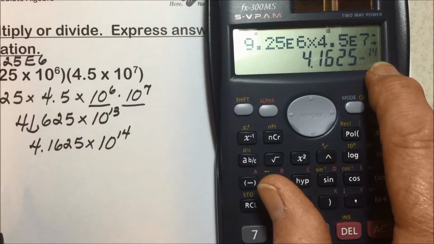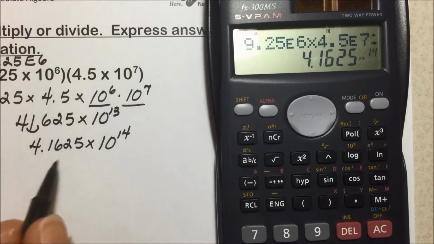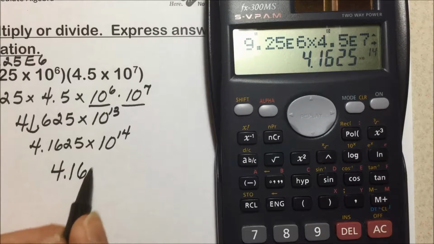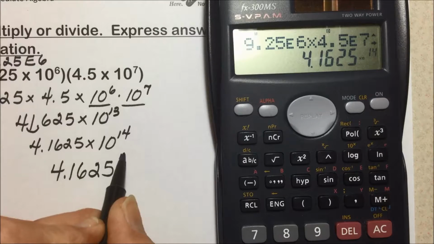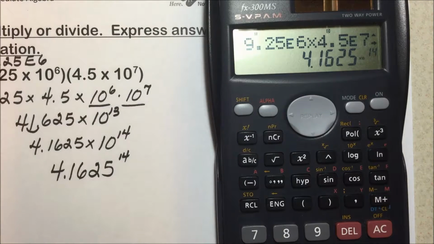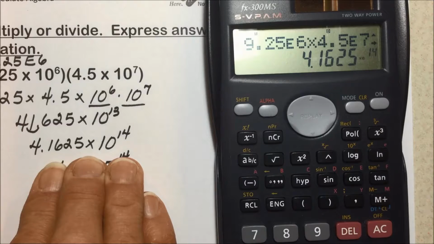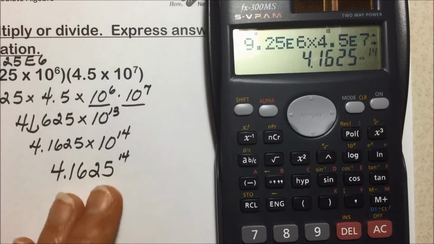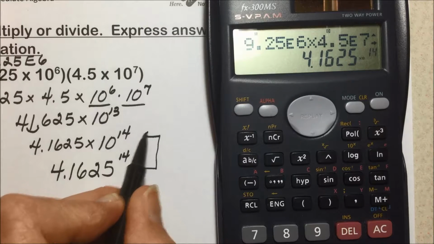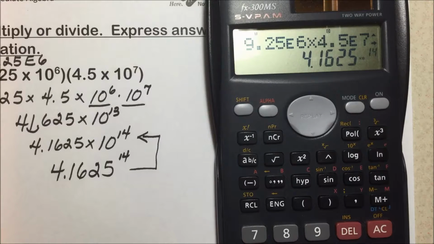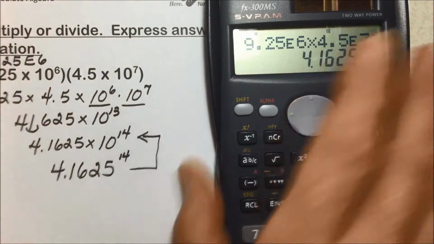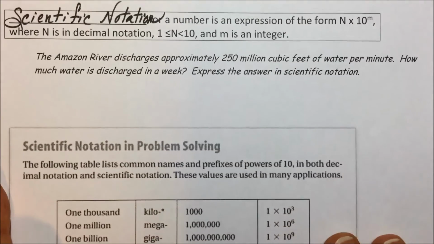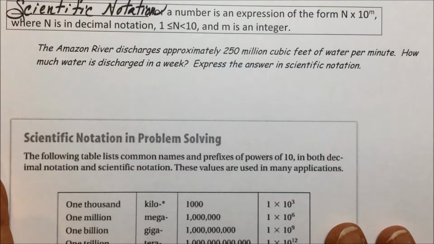They'll have the smaller number, looks like an exponent, and this might be what the display looks like, which we know isn't the same. 4.1625 to the 14th power is not the same as the correct answer. So if you have a calculator that does this, be sure that you rewrite it into a recognizable scientific notation form.